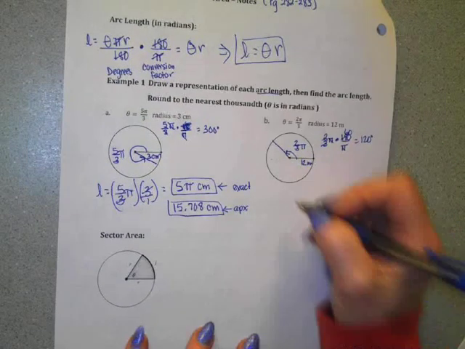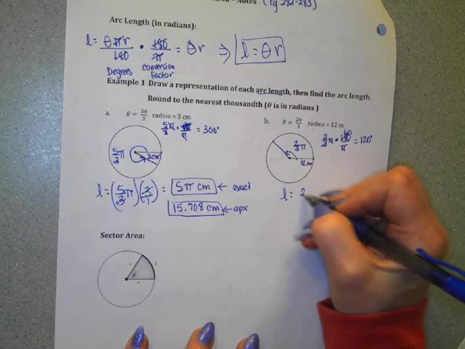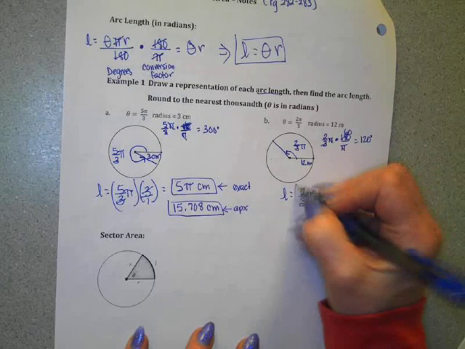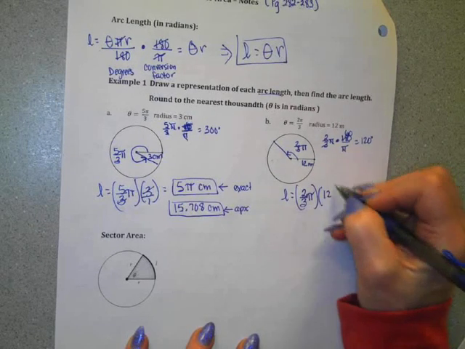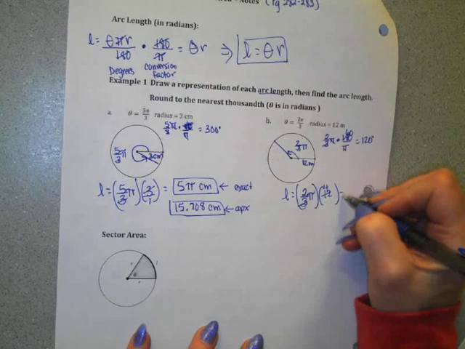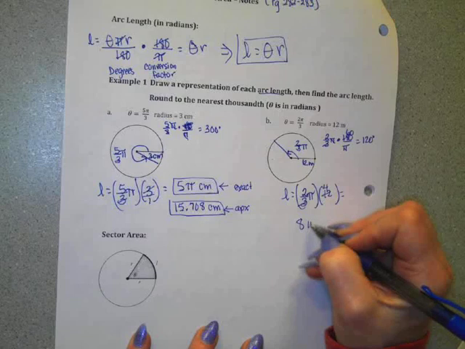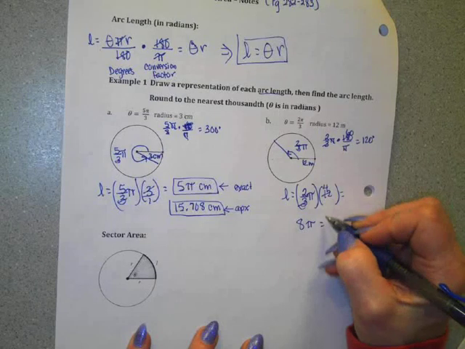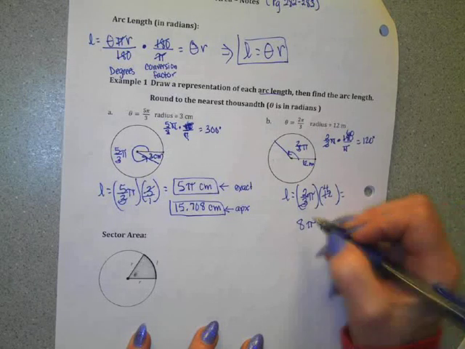So then to find my arc length, it's my angle, 2/3 pi, multiplied by my radius of 12. Well, 3 will go into 12 4 times, and 4 times 2 makes 8 pi. So 8 pi meters is my exact.